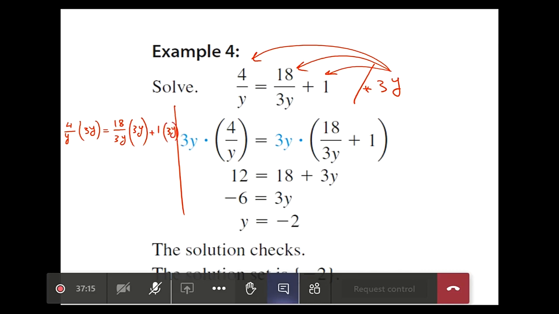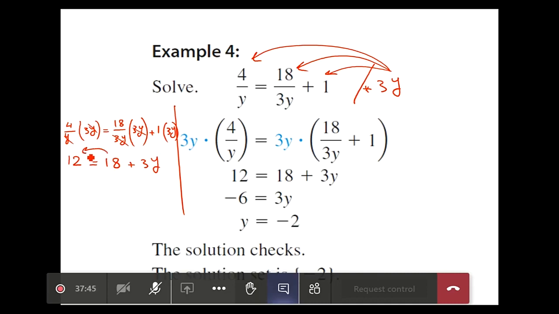Remove y with y and we have 12. Remove 3y with 3y, we have 18. Plus 1 multiplied by 3y, we have 3y. Okay? We multiply by 3y to remove the denominators. We must remove the denominators, it's easier.